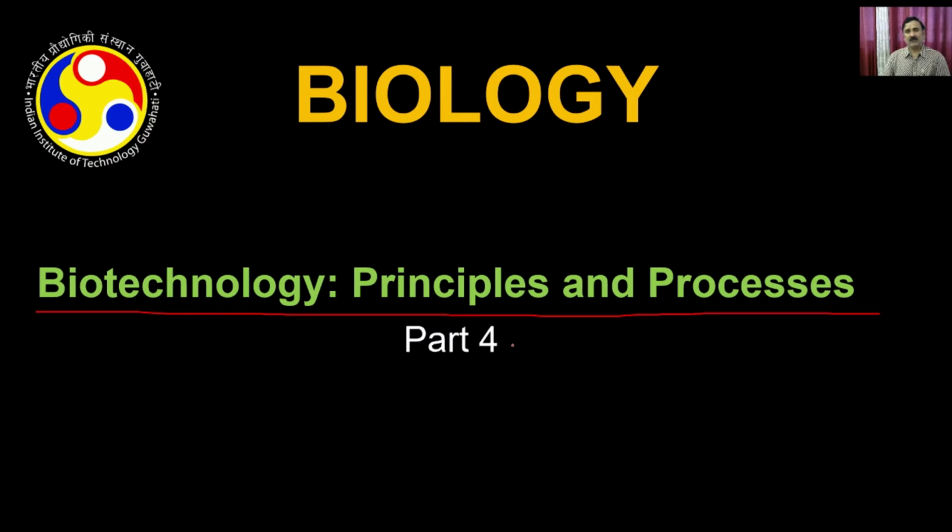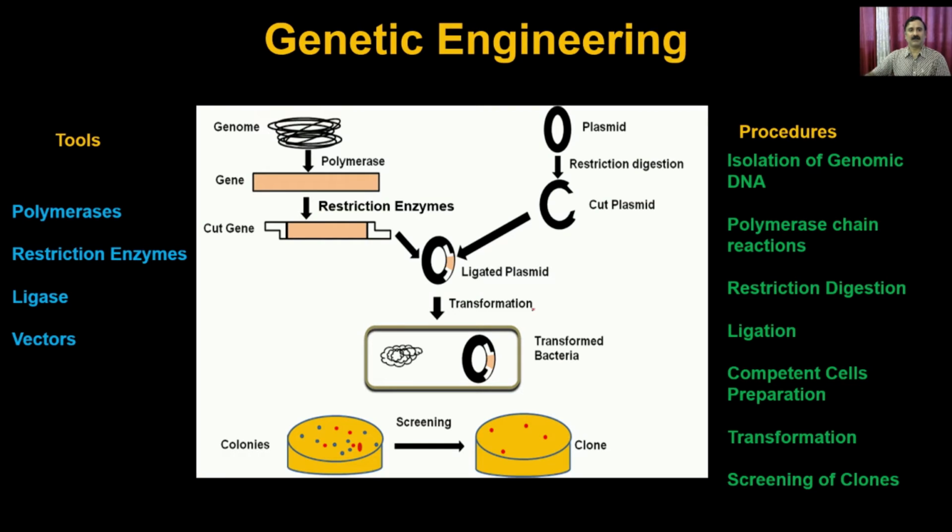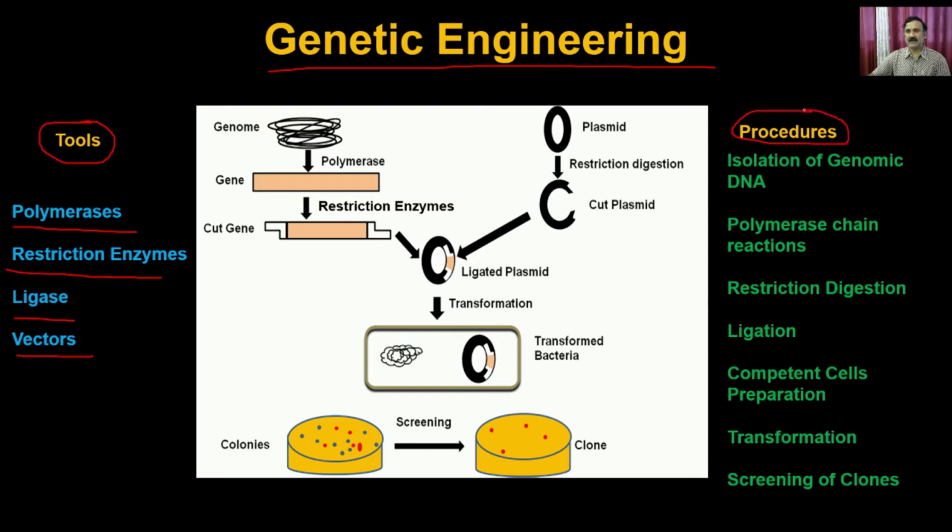We also discussed genetic engineering, and the genetic engineering approach relies on two aspects. Either it is utilizing different types of tools such as polymerases, excision enzymes, ligases, and vectors, or it is utilizing different types of procedures.